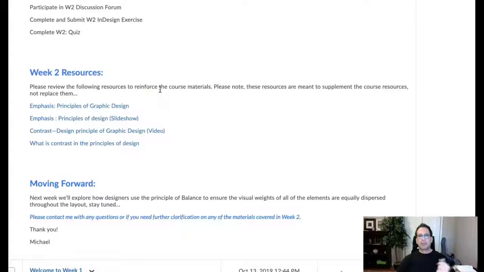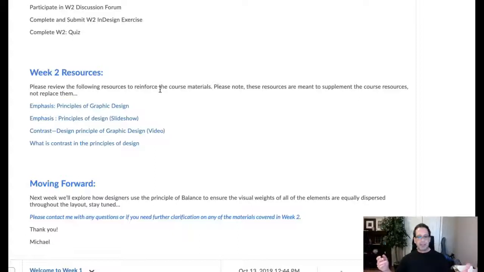Now, if you remember from last week, I added a list of resources in the course announcement. And I leave these resources here not as a way to replace the course materials, but as a way to supplement the course materials. The reason I do this is for you to be able to build a kind of mini library which you can assemble and take with you once the class is complete.